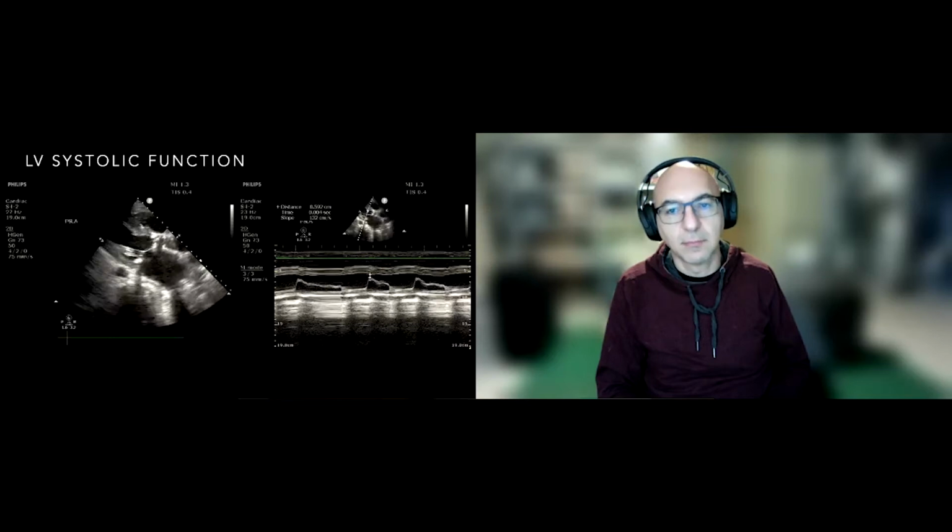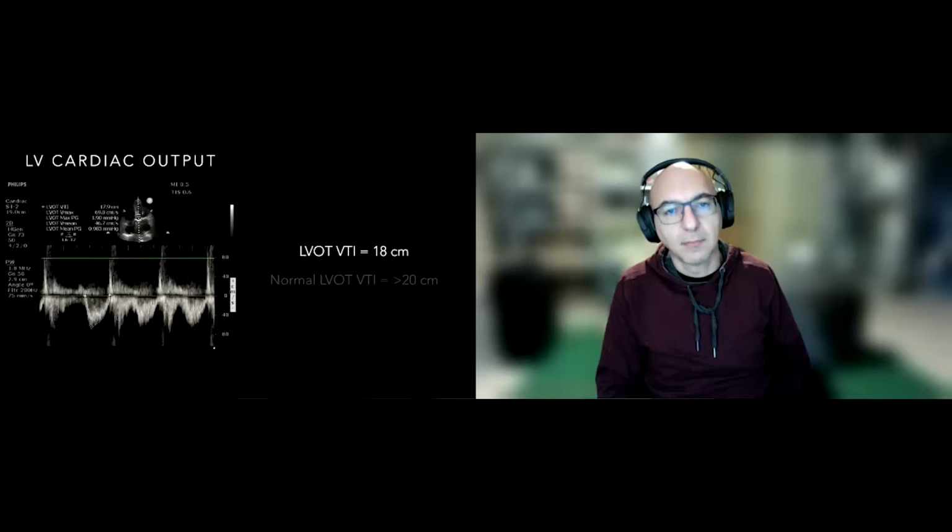I didn't put the formula in here, but you can type it into a formula and get an actual number that operates decently close to the actual EF. The other way of doing LV function is looking at your cardiac output, or at least a surrogate for it, using the LVOT VTI, the left ventricular outflow tract velocity time integral, which is part of the calculation when you want to do a cardiac output assessment.